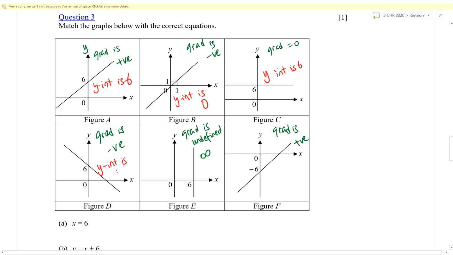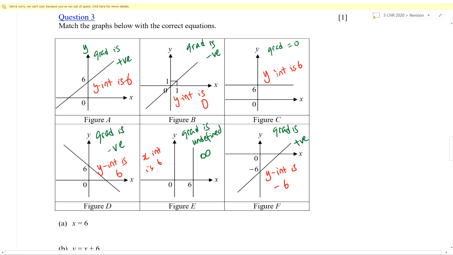Y-intercept is also 6. There is no y-intercept here. It doesn't cut the y-axis. But you can say x-intercept is 6. It cuts the x-axis over here. It is block 6 actually. So here, y-intercept is -6.